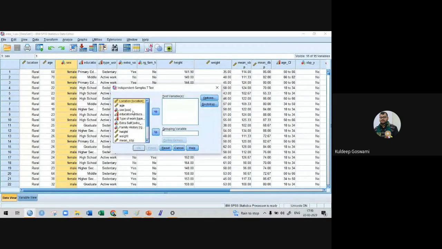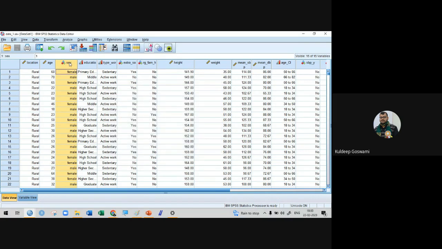See, you have two different variables. One is mean systolic blood pressure, one is gender. Before that, just see that gender or sex is a grouping variable.